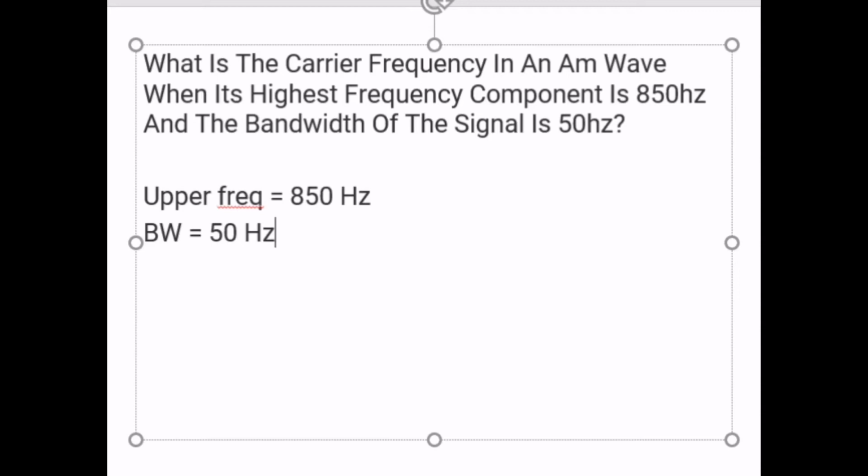First you find the lower frequency. The lower frequency should be 850 minus 50 Hz, so you will get 800 Hertz.